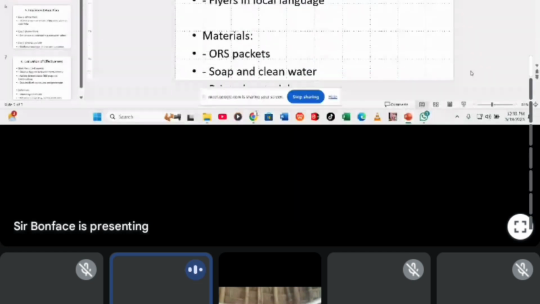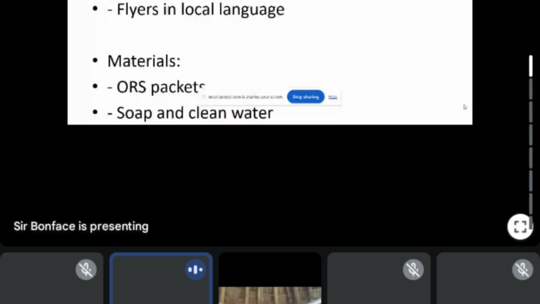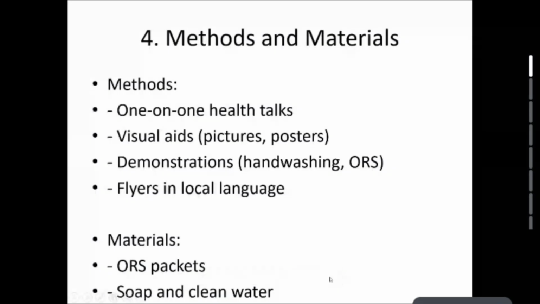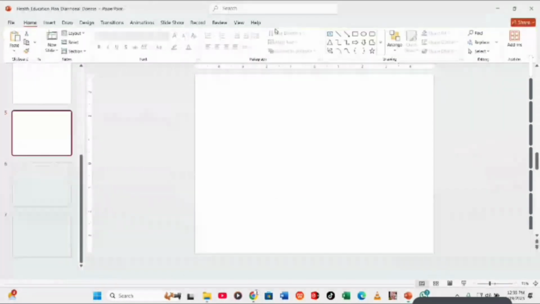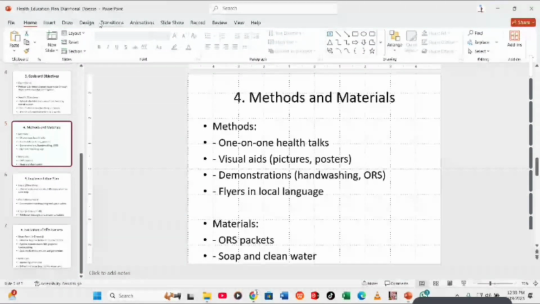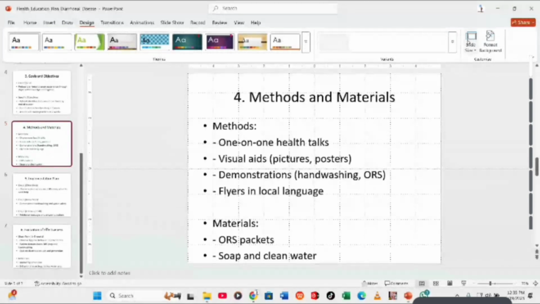You can also distribute flyers which are written in their local languages to enable them to understand the risks of having poor hygiene, which might be causing them to have these diseases.